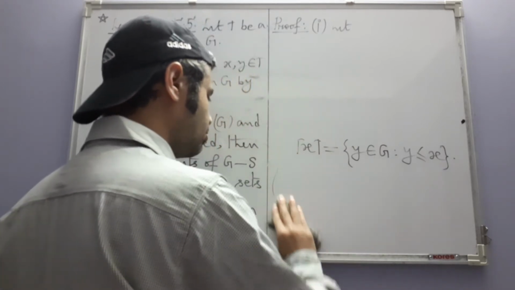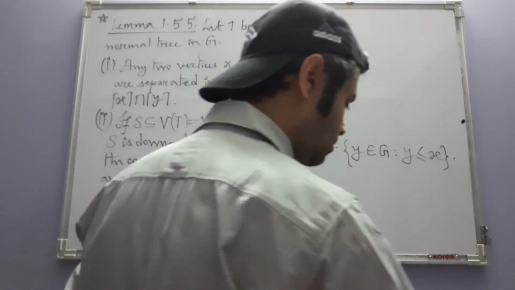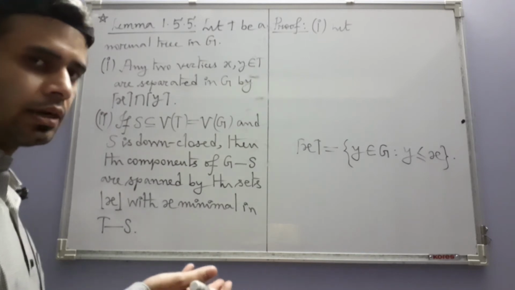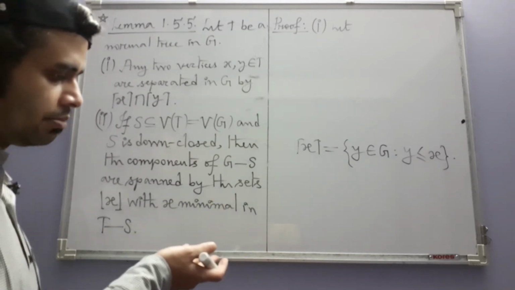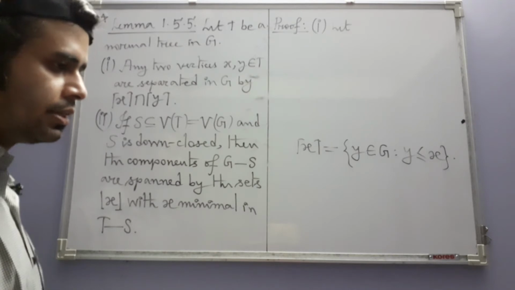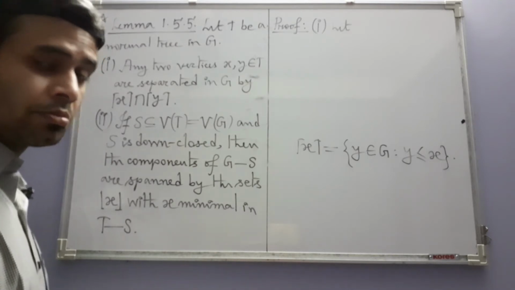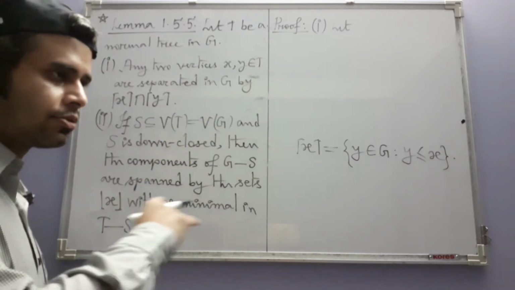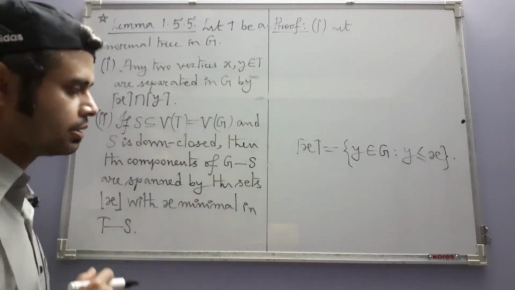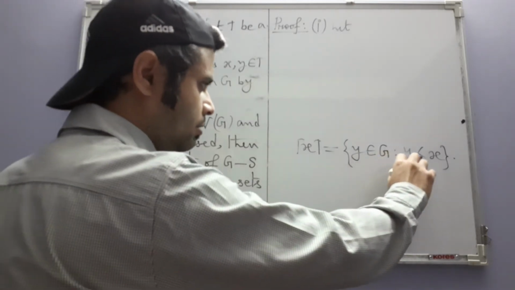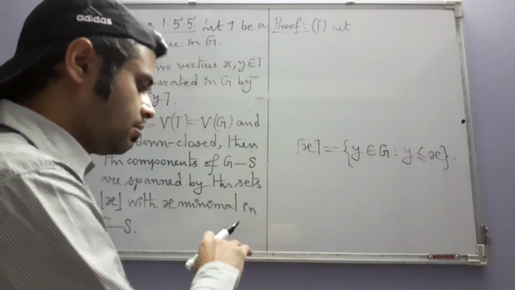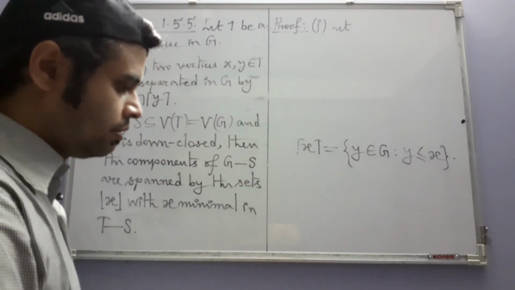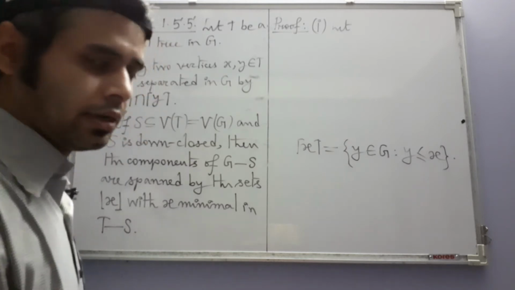Anyway, the thing here is that this is the set of those vertices that are less than or equal to x in the tree order. Or if you really draw the tree so that the root is the bottom vertex and you have levels according to the heights of the vertices, then this is the set of all those vertices that lie below x.